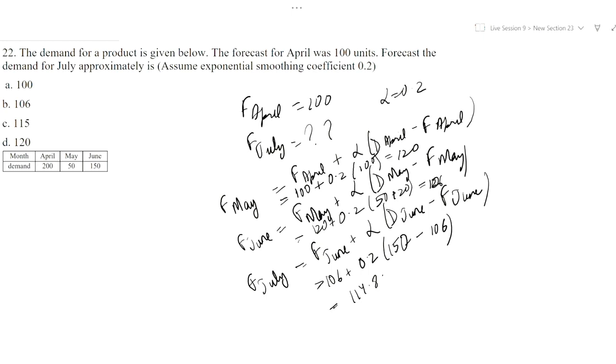So that it is clear, you can always make a column for this: month, demand, forecast. Write the data: April, May, June, July.